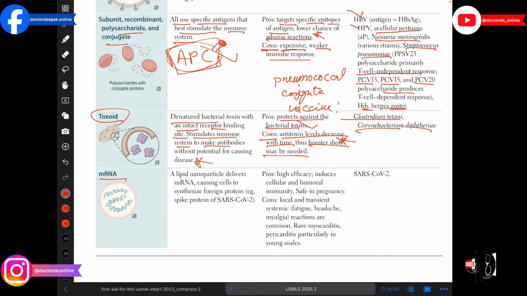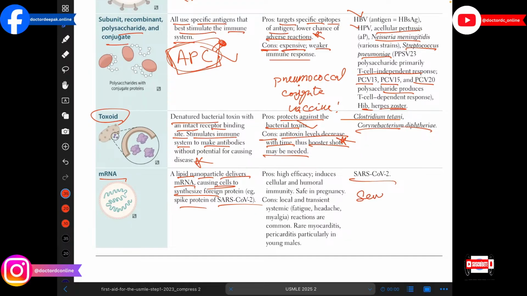Okay, mRNA vaccines are lipid nanoparticle-based mRNA causing the cell to synthesize foreign proteins, like spike proteins of SARS-CoV-2. So that is what we are using. And what is SARS-CoV-2? This is the example of mRNA.